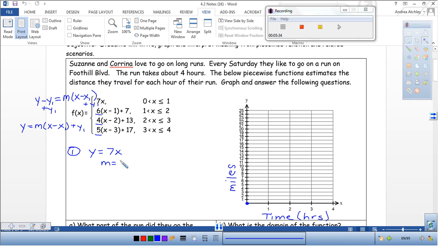Then her rate of change is 7 miles in 1 hour. So from here she's going to go up 1, 2, 3, 4, 5, 6, 7, and over 1.